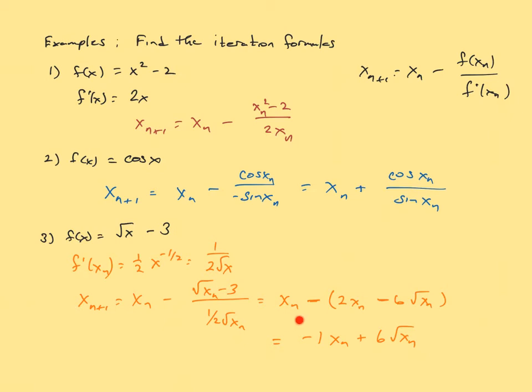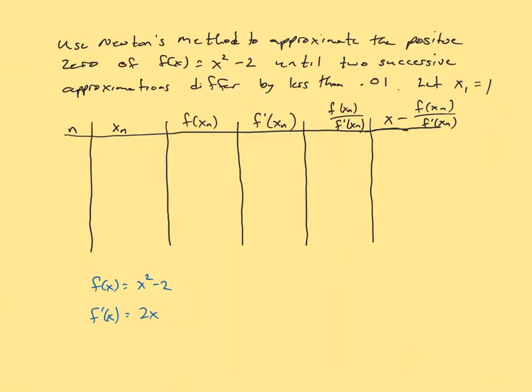When you simplify, dividing by this fraction is the same as multiplying the numerator by 2 times the square root of x sub n. And so I will end up with this, and that will simplify to be that. Hopefully you came up with that. If those answers don't match yours, double check the calculations and see if you can identify what mistakes happened.